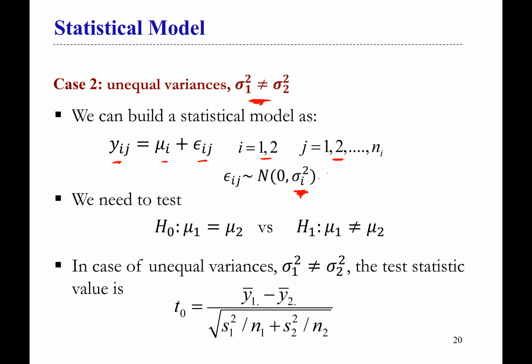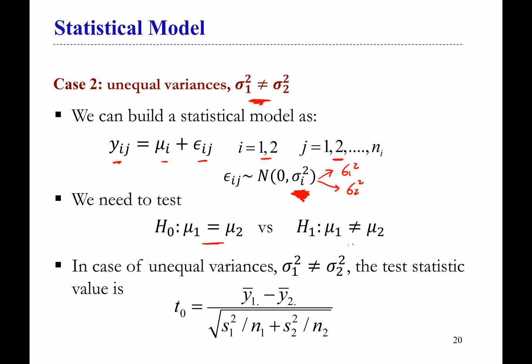It means the variability for the first treatment is different from the variability of the second treatment. The variability in fertilizer A data is different from the variability in fertilizer B data. So the statistical model is the same, but we change the variability to be different.